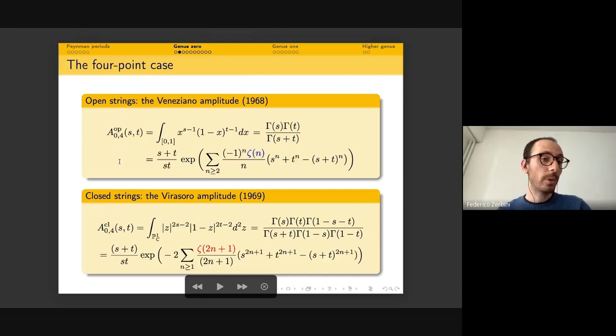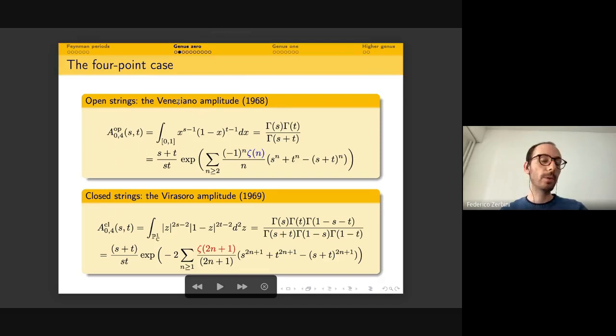They're not just numbers, they're not just periods, in fact, because they depend on two parameters, s and t, which are kinematic parameters, so they depend on the physics of the problem. And physicists are particularly interested in the behavior of these integrals as s and t go to 0.